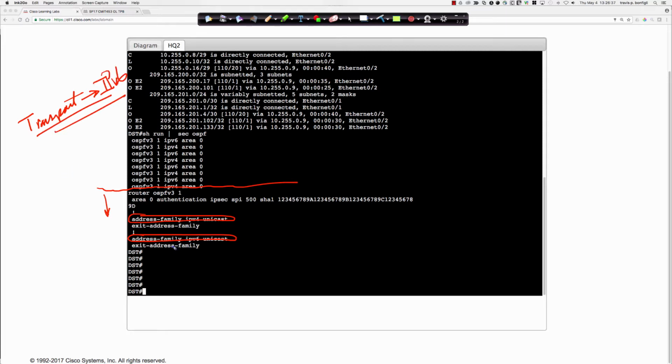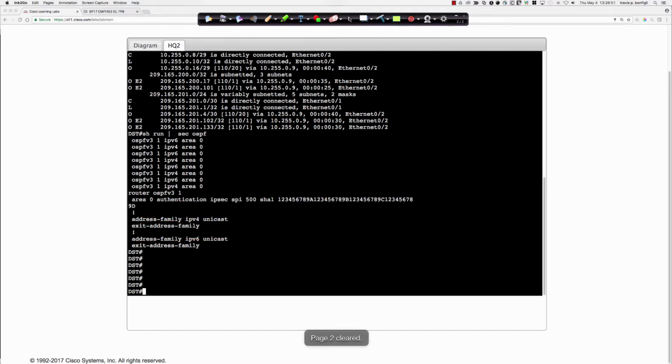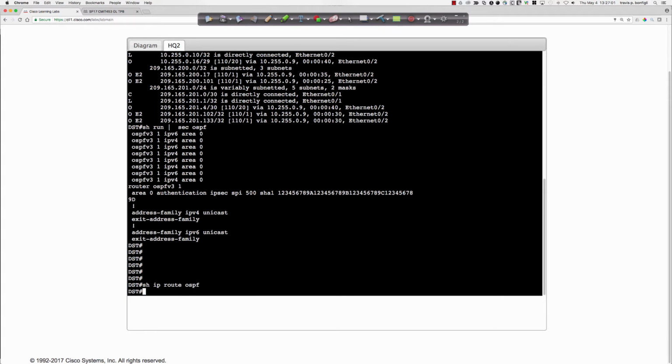Which means our v4 information is being transported via IPv6. This also changes the commands that we're going to end up running here, and I can demo for you. If I was to say show ip route ospf, I think this might be one. Instead, what we should be saying is show ip route ospfv3.